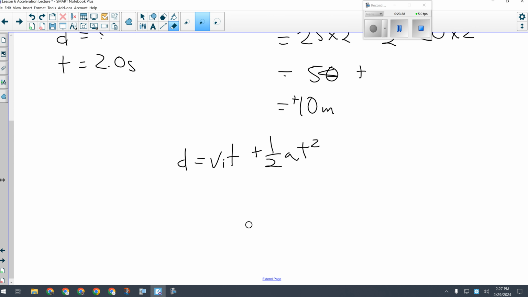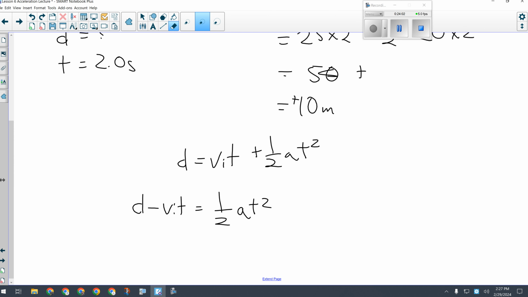All right, let's look at, how would I manipulate that for A? What should I move first? VI and t. I should subtract VI times t over to the other side. So I'm going to have D minus VI times t equals 1/2 at squared. I want a by itself.